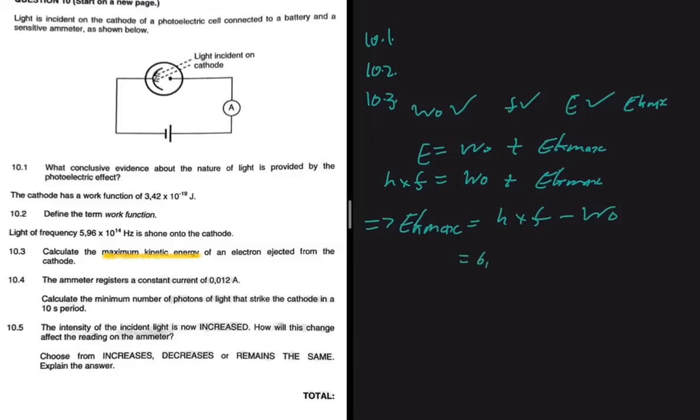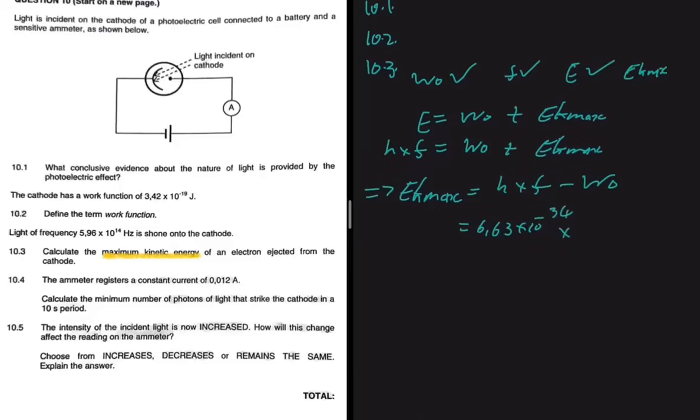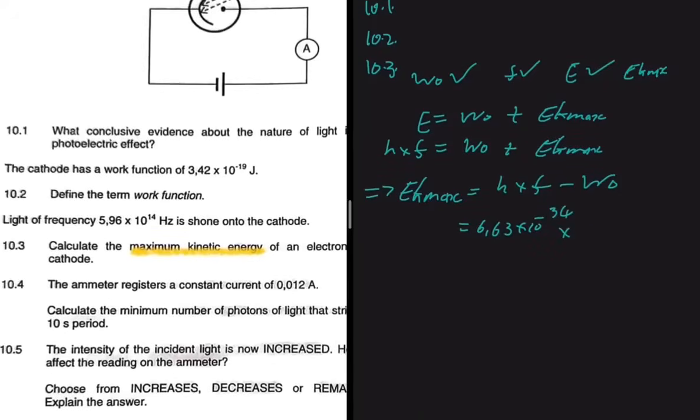H is a constant, that is 6.63 times 10 to the minus 34, and F is also given to us, that is the frequency of the light, right? 5.96 times 10 to the 14 hertz minus the work function, which is 3.42 times 10 to the minus 19, and that should be equal to 5.3148 times 10 to the minus 20 joules, right? EK max is in joules.